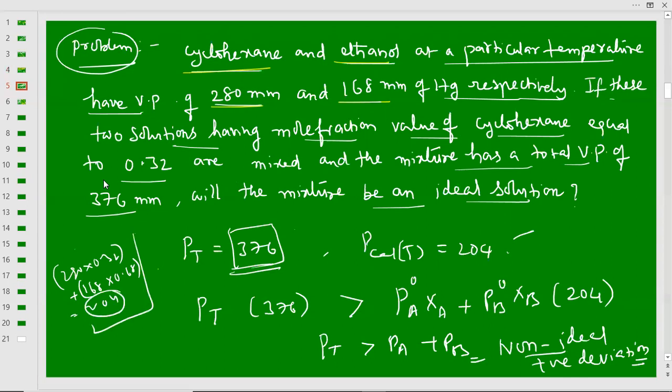So that is the total vapor pressure from the calculation. But the mixture's total vapor pressure given in the problem is 376. That is greater than the value we got, so it indicates a non-ideal solution, and it also shows positive deviation from Raoult's law.